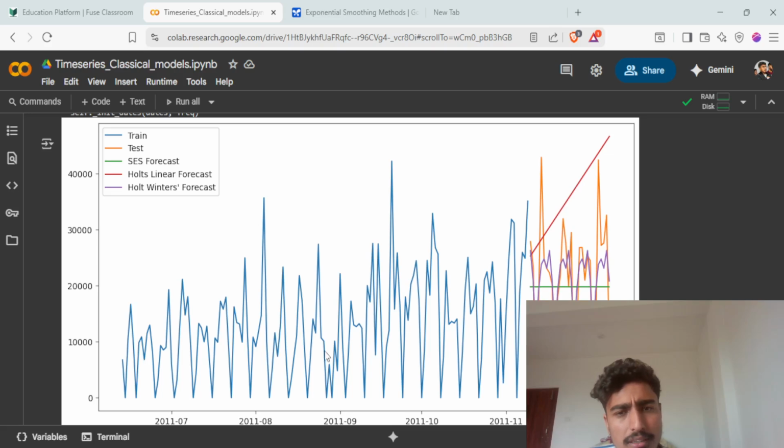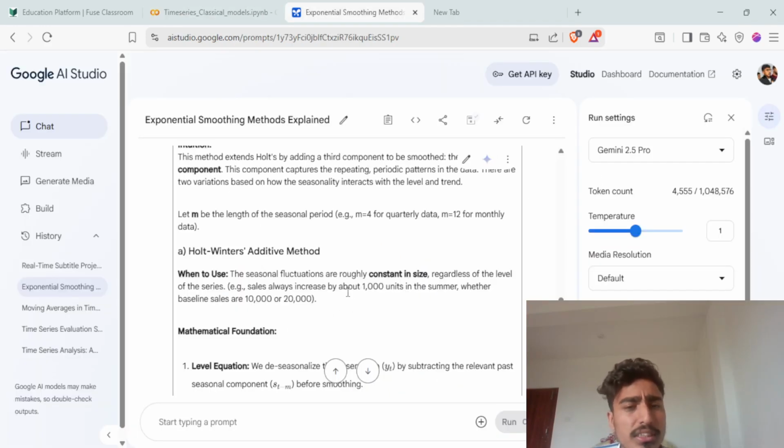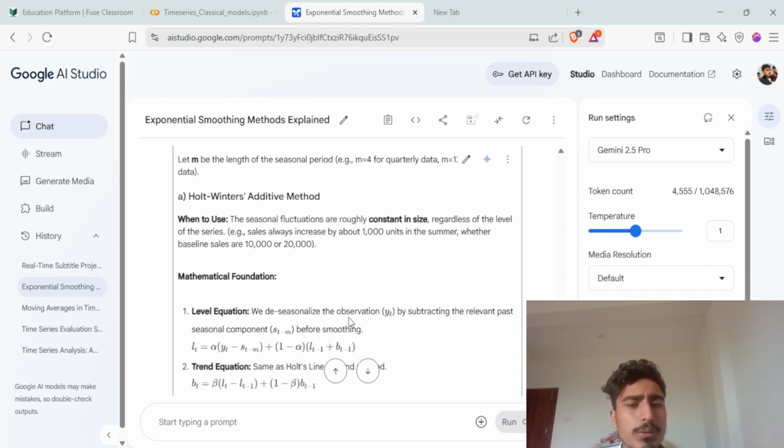And you can see the seasonality, how much amplitude there is. If you calculate the range, the fluctuating values over the seasons are the seasonality value.